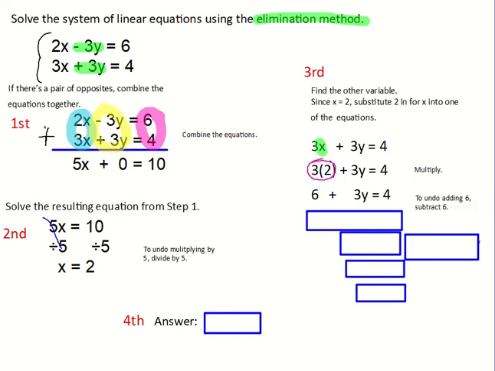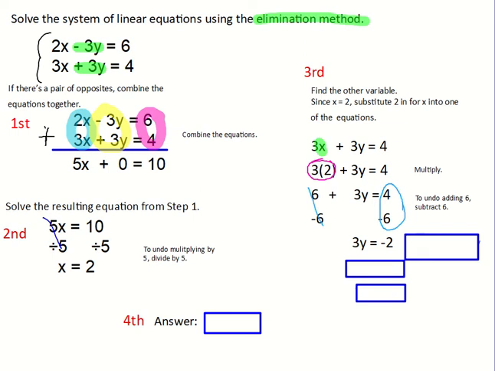So the opposite of adding 6 is to subtract 6. So I'm going to subtract 6 from the left and the right. On the left side, those 6's cancel. And on the right-hand side, 4 minus 6 is negative 2. And also remember that 3y, that positive 3y, just bring it down. So you're down to 3y equals negative 2.